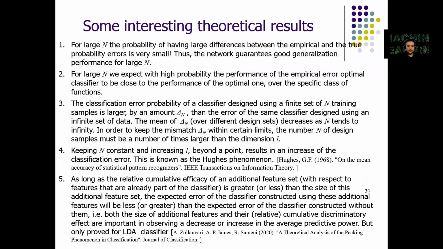And finally, the fifth point, which basically explains the situation that people have observed in practice. So you have a classifier, you use, I don't know, 5 features, you already have some performance, you decide to measure some extra information, so you increase the dimensionality of the input space, and you find out that, without increasing the number of training data points, the performance has been improved.